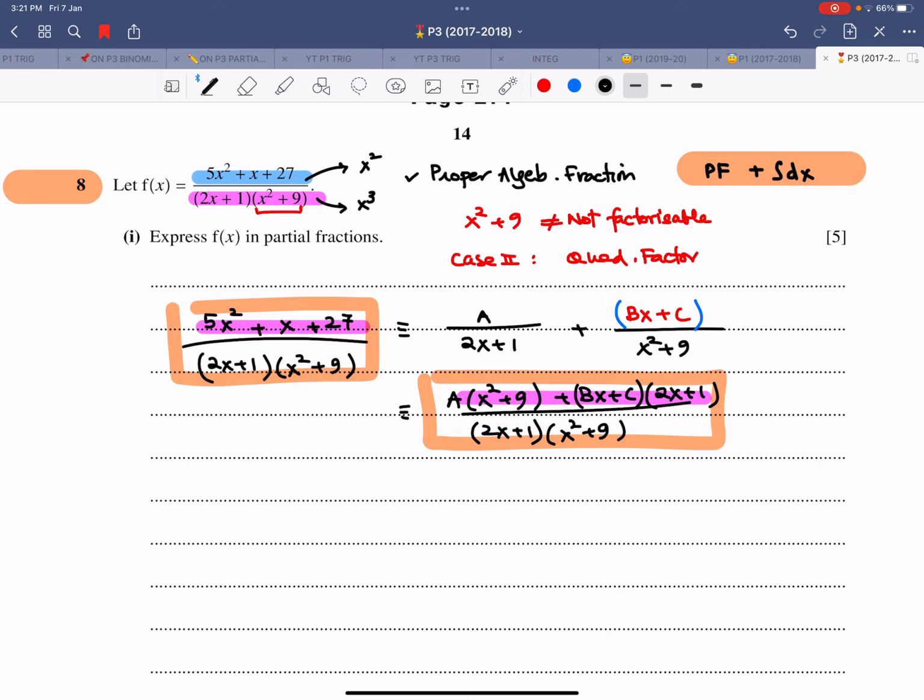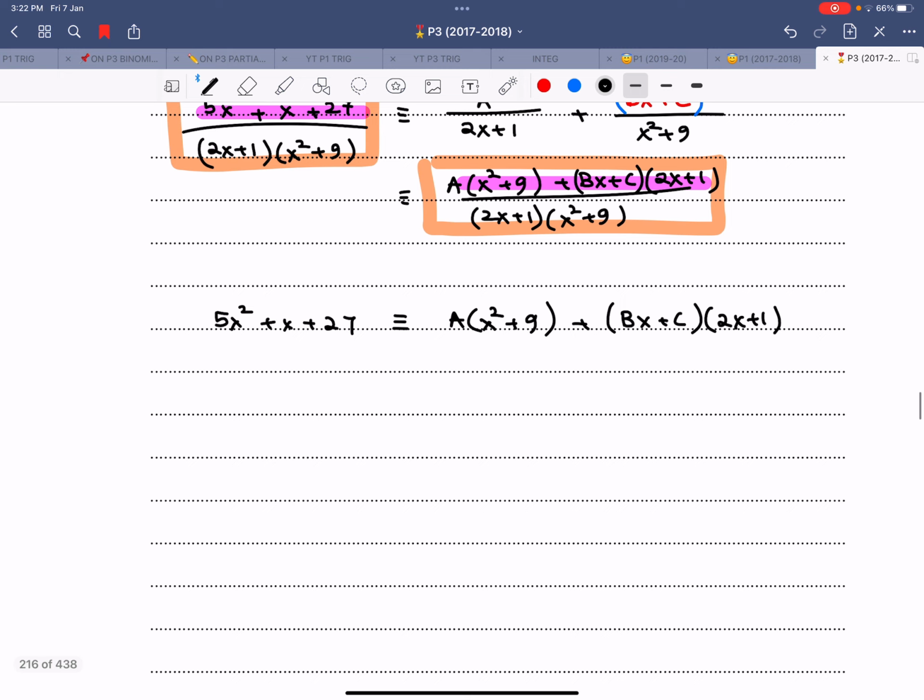So therefore, 5x squared plus x plus 27 equals A times x squared plus 9, plus bx plus c multiplied with 2x plus 1. P3 is about a lot of hard work. There are no shortcuts as such. So now what should I do? There is a proper way of solving an identity for partial fractions related to the quadratic case.